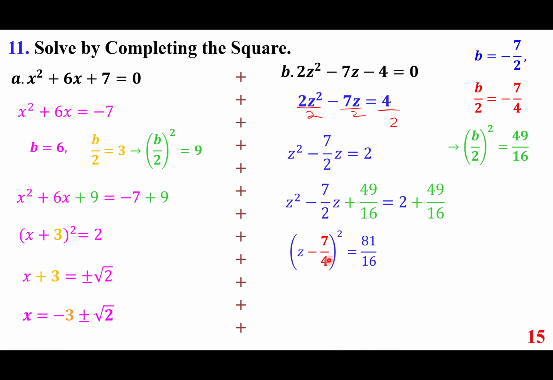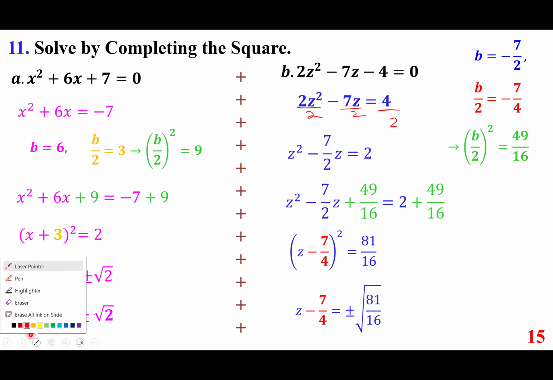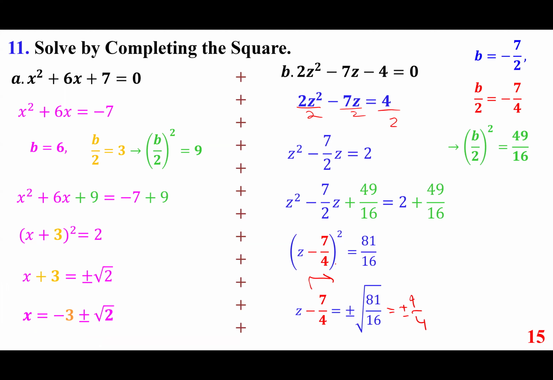The square root principle: this comes out, and this is plus or minus the square root of 81 over 16. As you know, this is plus or minus 9 over 4. Move this, make it 7/4.